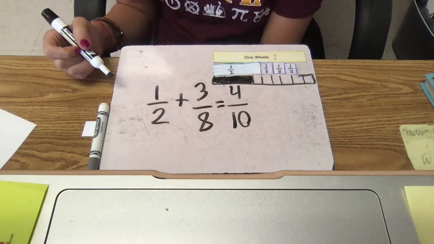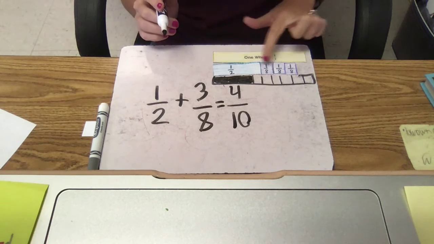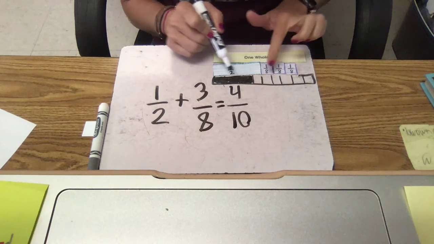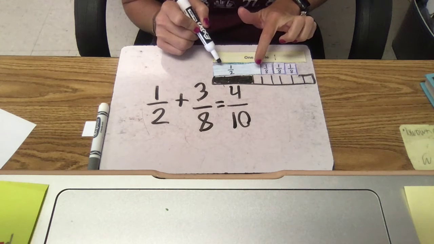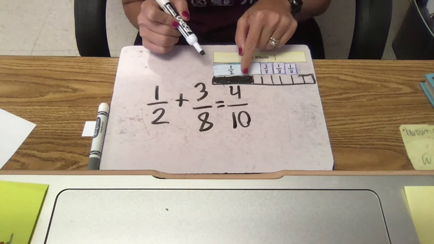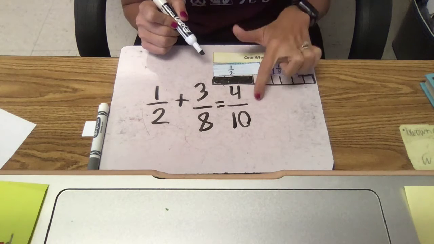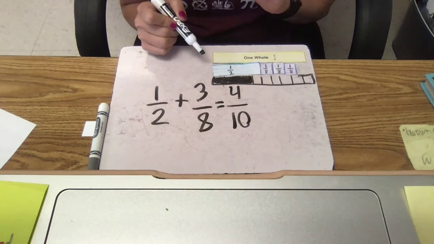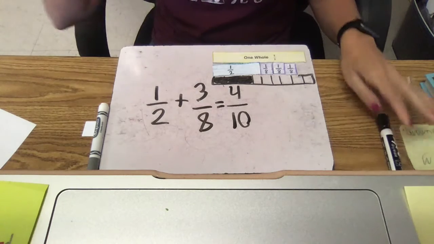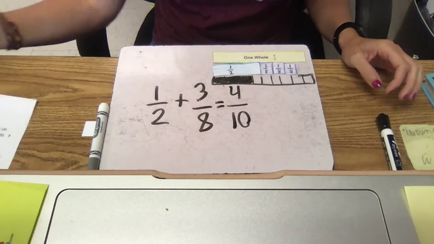Probably not, or definitely not, really, because look at what 1/2 plus 3/8 is. It's almost a whole. 4/10, that's not even half. 5/10 would be half. This is not even half. This does not make sense. This cannot be my answer. That's not close to 1 whole. Okay, so when we're adding fractions, we can't just add our numerators and add our denominators.